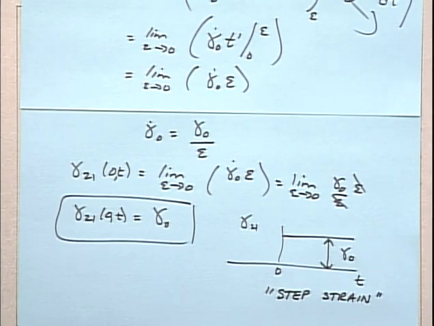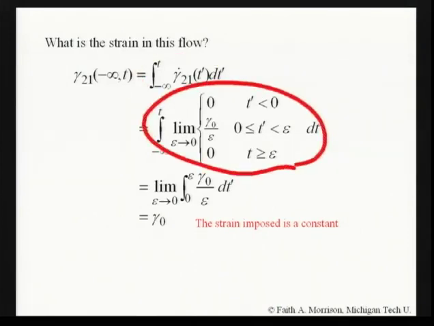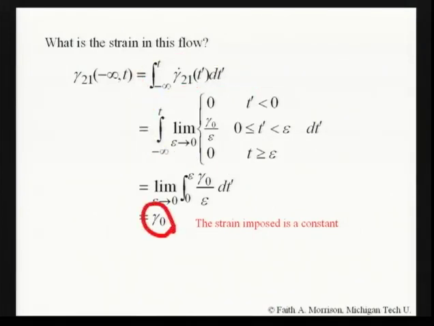This is summarized on the slide. Actually, I did different limits on the slide. The strain over all negative times up to time t is equal to the same thing as what I did, but you can also do it this way. Take that limit of the function, and you get the step strain.